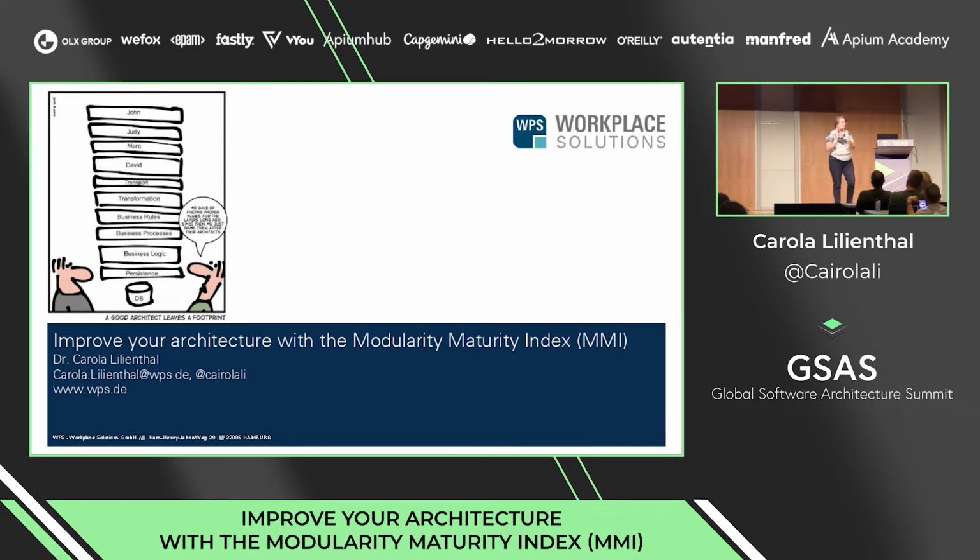I'm a big fan of computer science comics, and I put one there for you. It says, a good architect leaves a footprint. I'm going to read everything to you, so don't worry if you can't see it. A good architect leaves a footprint. And then they look at this diagram, and one of them says, we gave up finding proper names for the layers long ago.